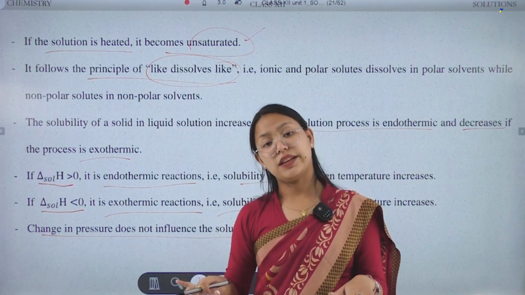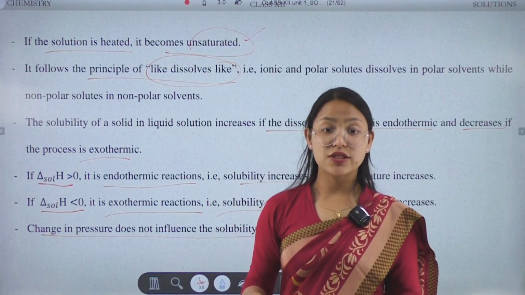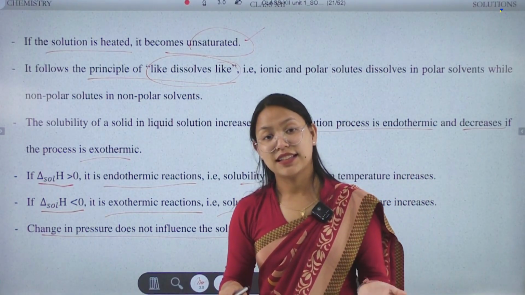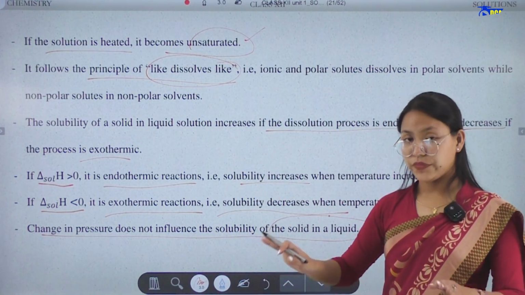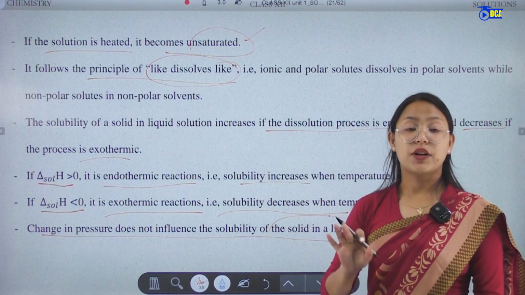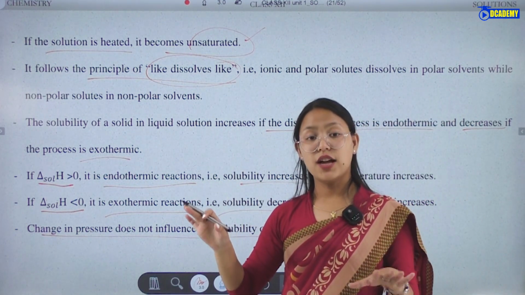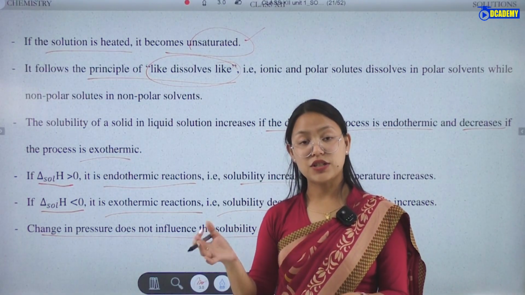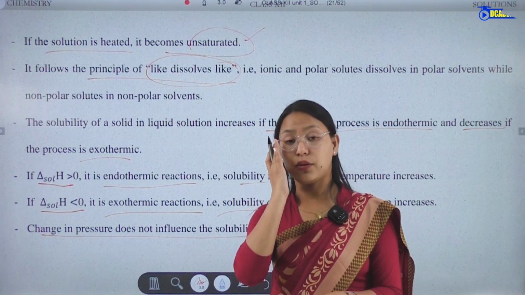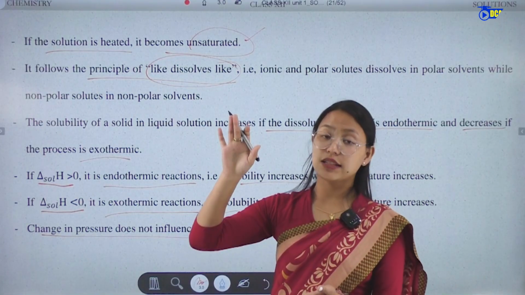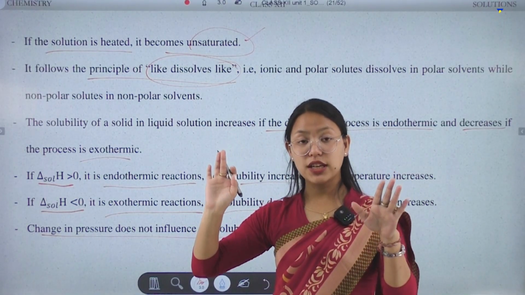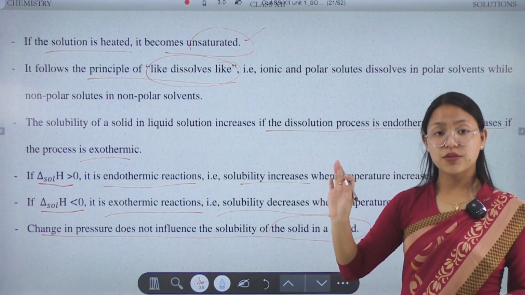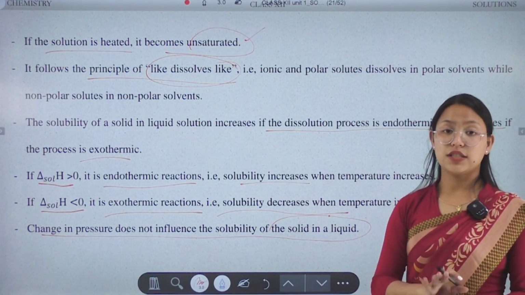But for pressure there is no effect. Pressure can increase or decrease, there will be no change in the solubility.